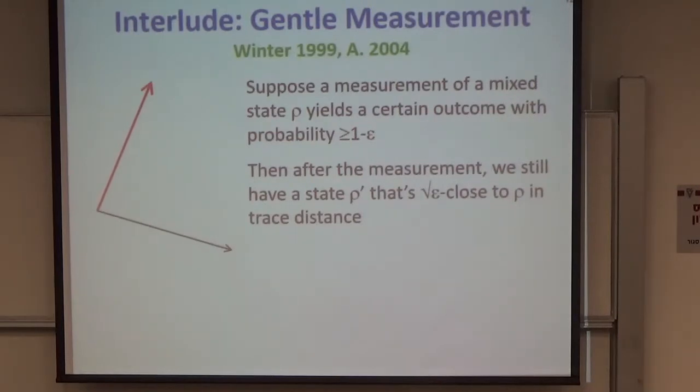This goes by many names. Closely related things are studied under the name of weak measurement, and all the stuff that Yakir Aharonov and his friends work on. But let me state a special case of this that will be all that we need for this talk. So here's a lemma.